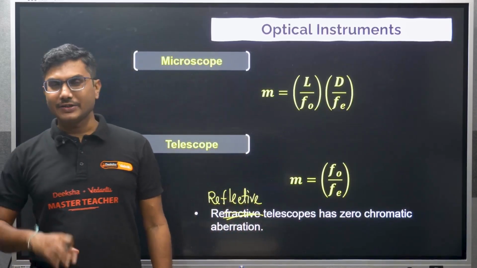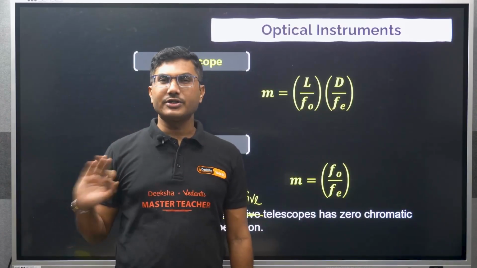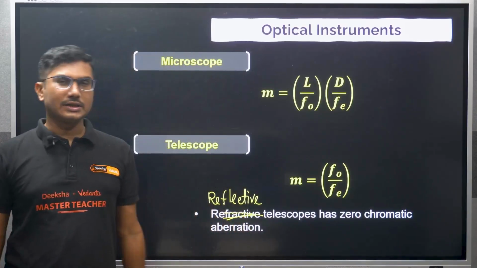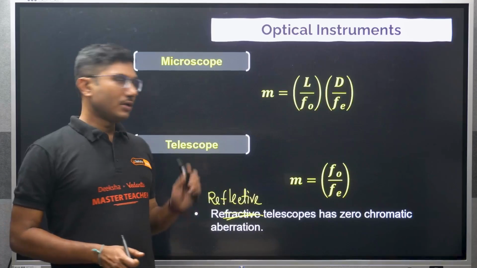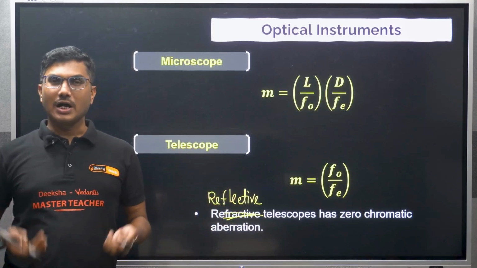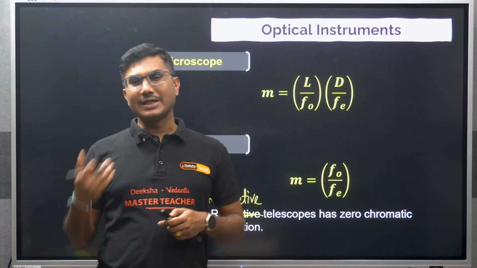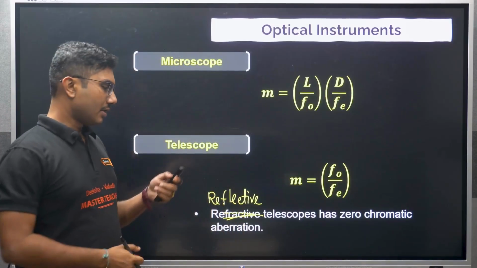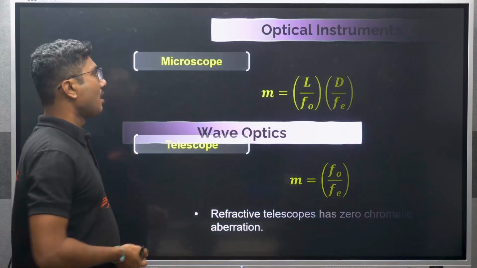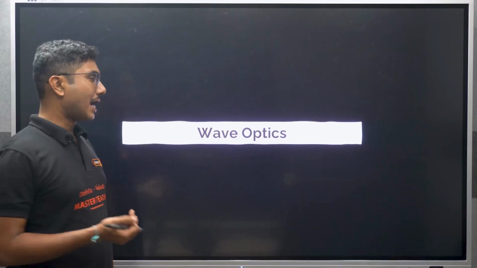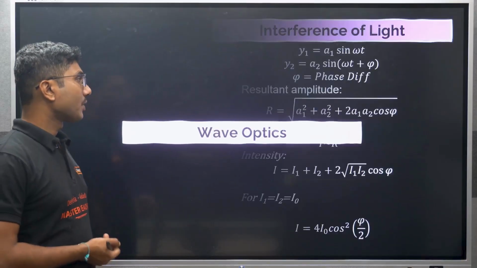In case of reflection, the angle of reflection does not change based on color. All colors are reflected equally. That's why reflective telescopes are preferred over refractive telescopes when you are observing very sensitive, long-distance stars or galaxies.